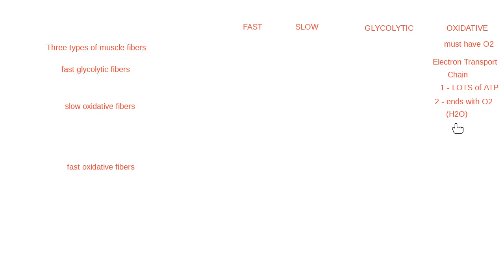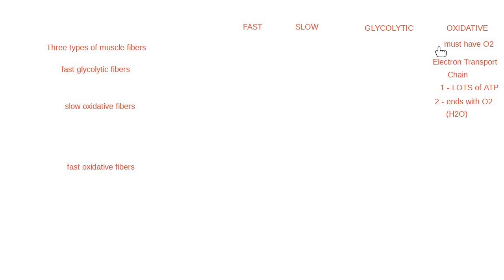But for us to be able to do that, we've got to have oxygen. So oxidative muscle tissues, what we should know about those, two things. Thing number one, they use the electron transport chain to make their energy. Thing number two, for the electron transport chain to work, we've got to have oxygen.